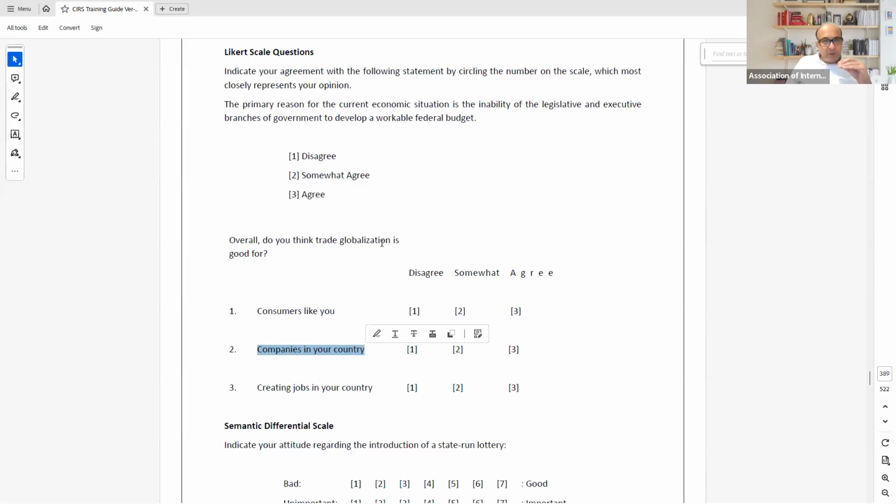Is good for companies in your country, agree, disagree. So you're going to make subsets of it by adding a vertical column on the left hand side and dividing the three choices to relate to direct questions like these ones. So overall, do you think trade globalization is good for you in creating jobs in your country? Agree, somewhat agree, or agree? This is a Likert scale.